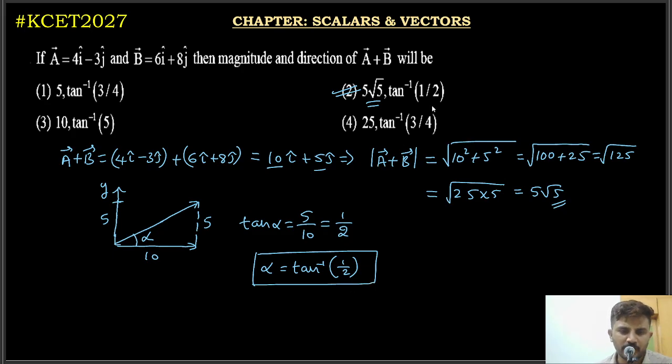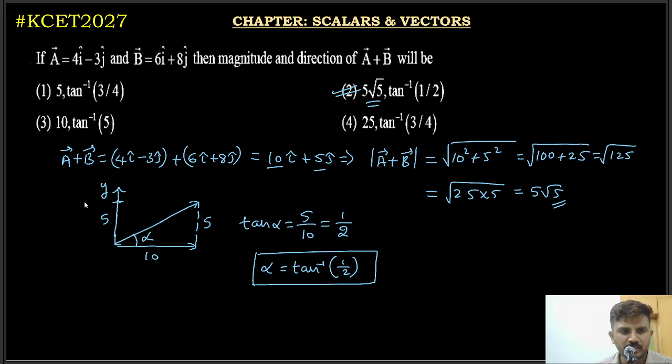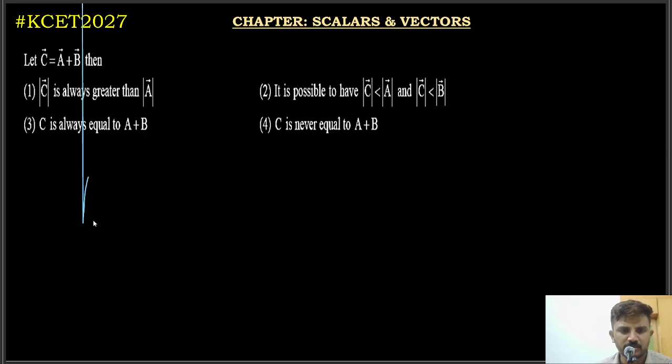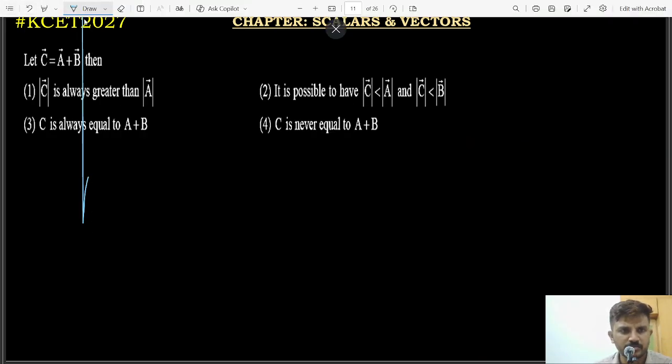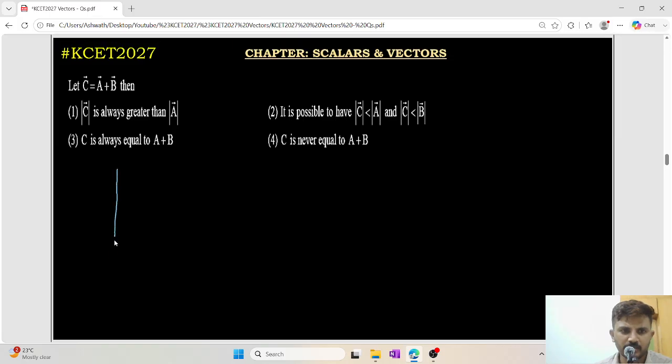Okay, that's why option 2 is correct. Next we have C is equal to A plus B, then C is always greater than A? No need. Let's consider there is a vector like this and there is a vector like this.